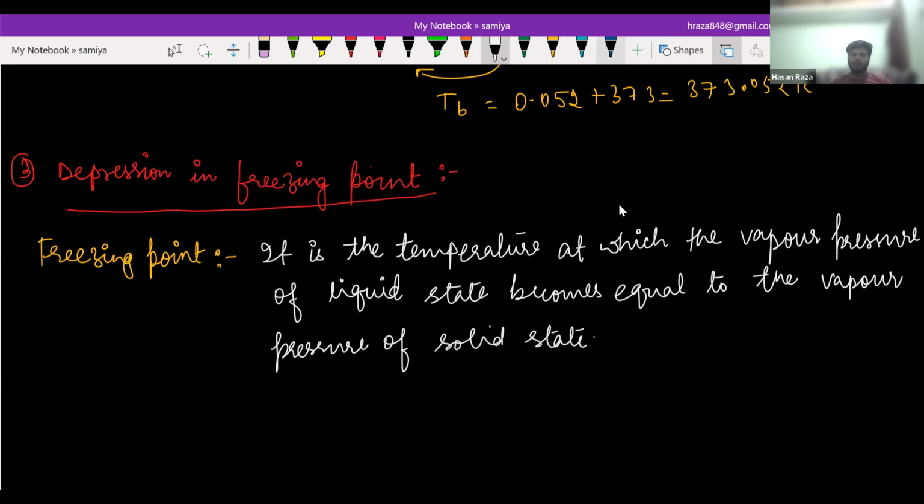That temperature is called freezing point. So first of all, you are going to write this definition, then I'm going to plot a graph, and then we will derive a formula and practice a question.